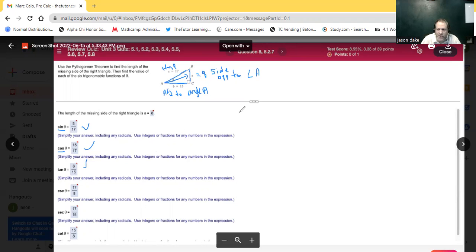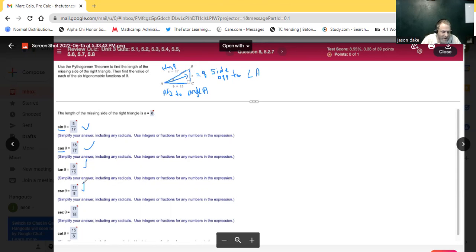There are different resources online on Google that you can look up, and they will tell you the exact formulas that I'm telling you now. So cosecant is 17 over 8, hypotenuse over opposite.